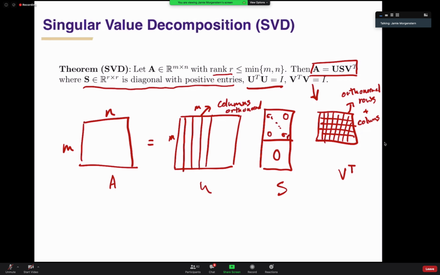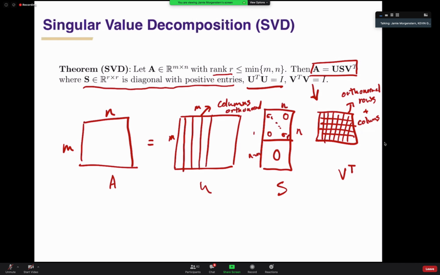But this is n minus M. Actually, I screwed something up.